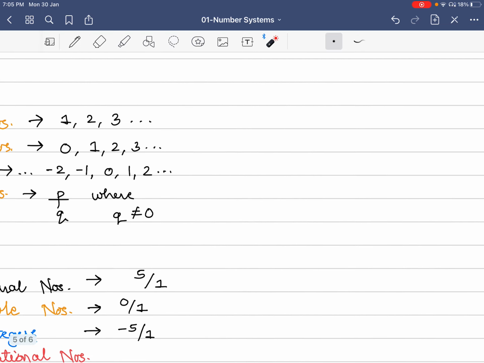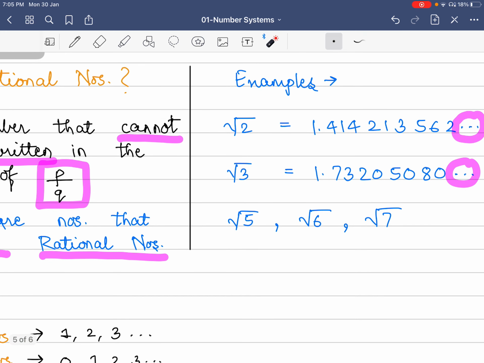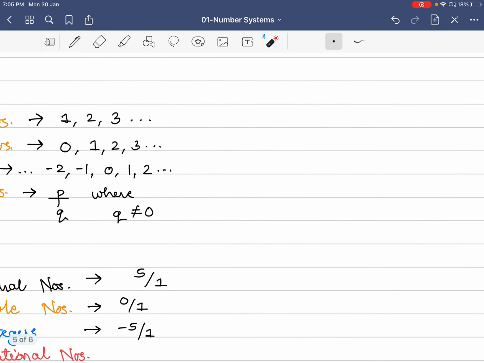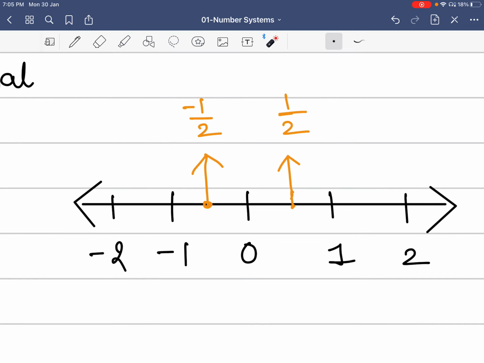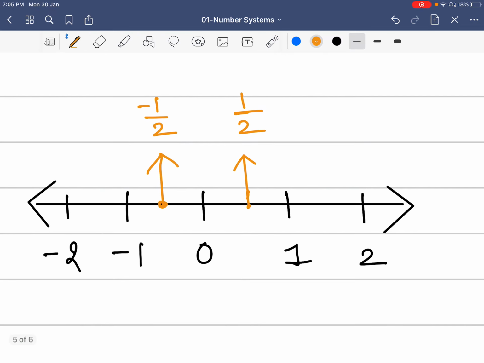Let's see what root 2 was. Root 2 was 1.41, so something like 1.4, which will be roughly somewhere here. So this roughly is our square root of 2.